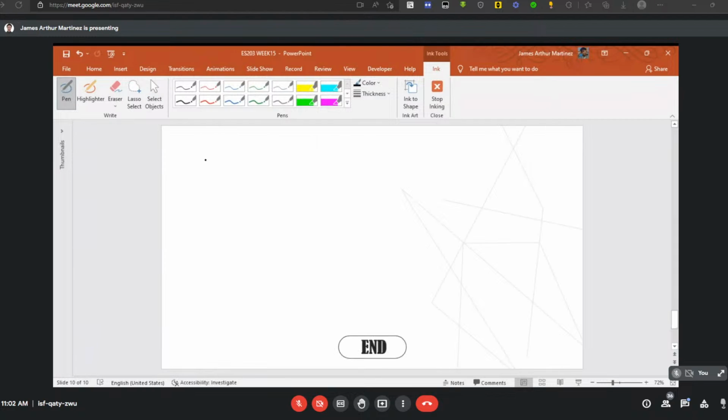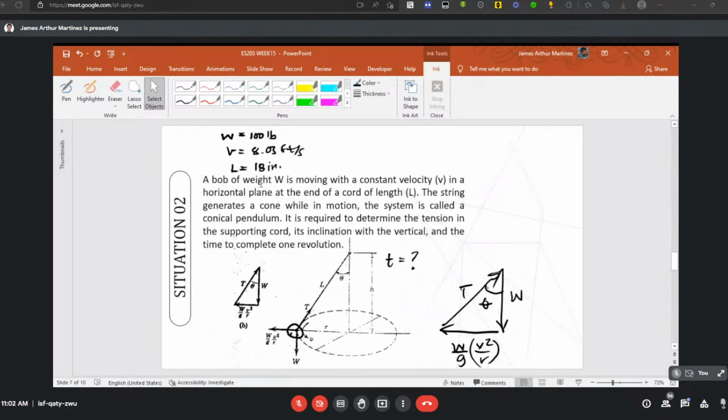If velocity is equal to distance or displacement over time, we have this simple equation for velocity. The velocity is given for the bob, whose direction is rotational or circular.